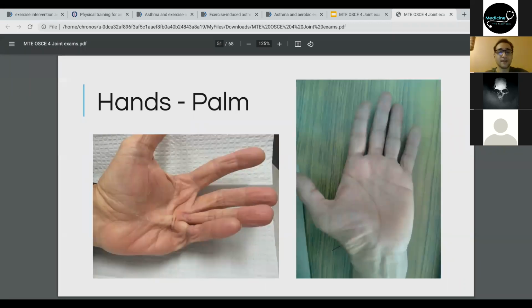Okay, let's go into palms. Can someone tell me what's happening to the left patient? People have written Dupuytren's contracture. Perfect. And can you tell me the classic OSCE finals cause of a Dupuytren's contracture?